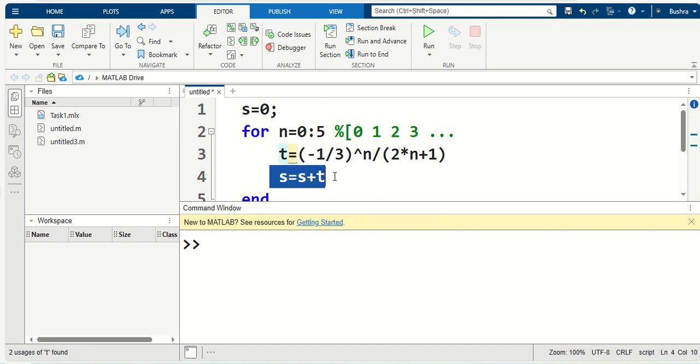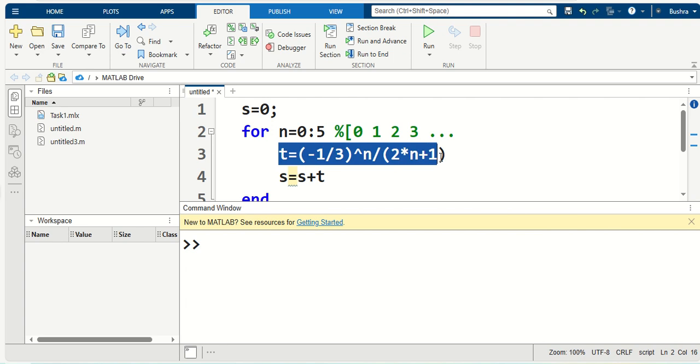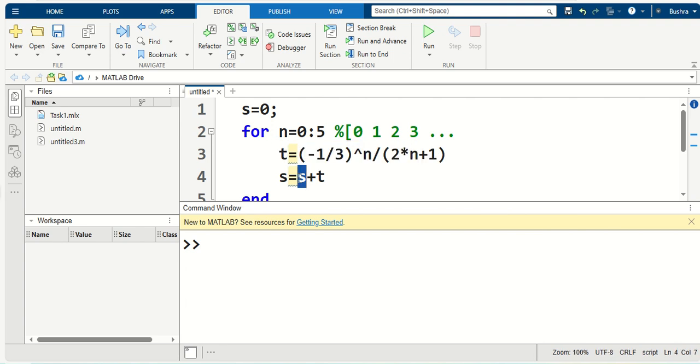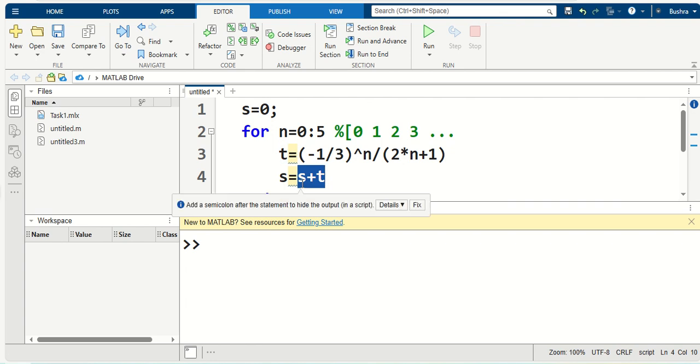So s in the first pass will be the first term only. In the second pass, when n's value is 1, the second term will be evaluated, and in s only the first term is saved, while in t the second term is saved. So in the second pass, s plus t will give you the summation of the first two terms.